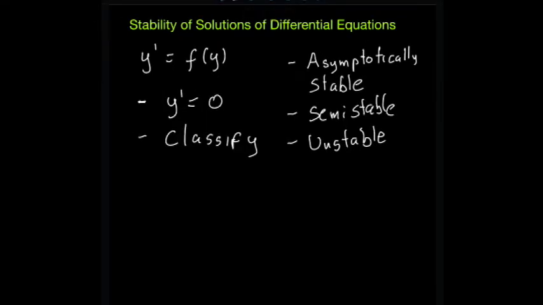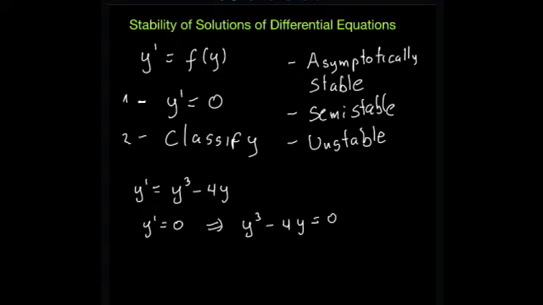My first problem is y prime equals y cubed minus 4y. Let me put 1 here and then 2 here. The first step is to find the equilibrium solutions, so we need to set y prime equals 0. This means that y cubed minus 4y equals 0.